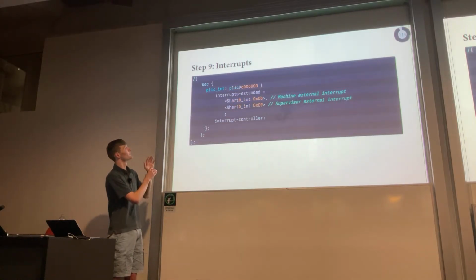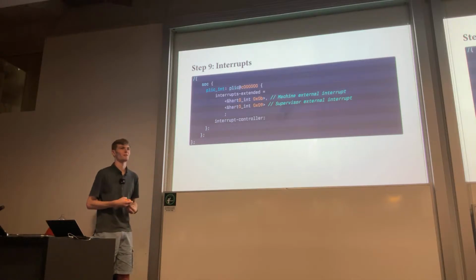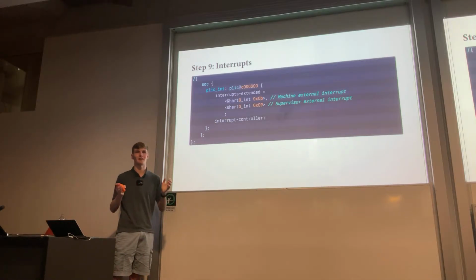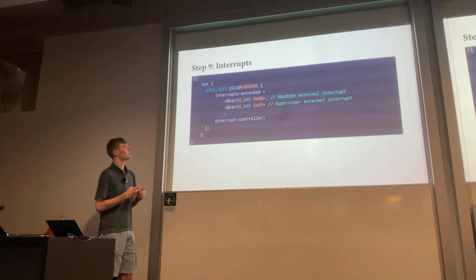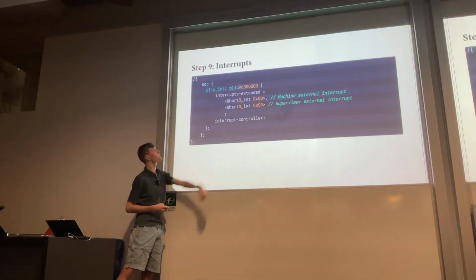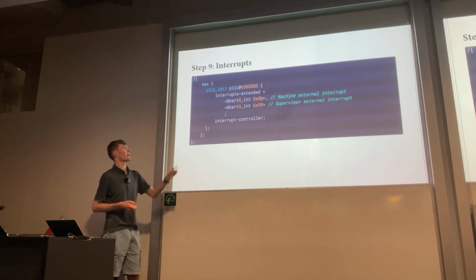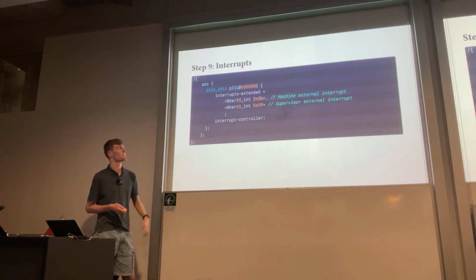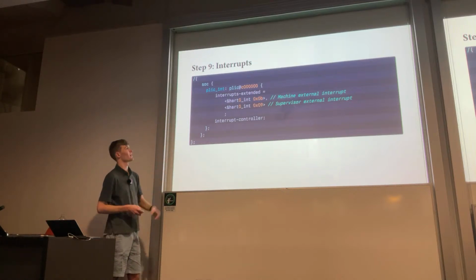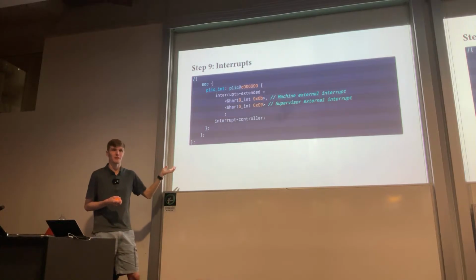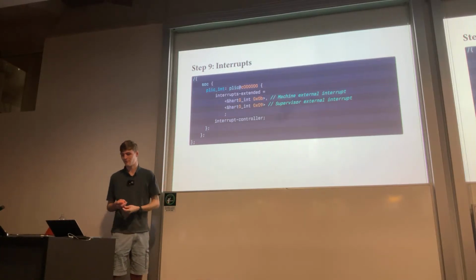The PLIC, the platform level interrupt controller as it's called, is a thing that consolidates the interrupts. It is also an interrupt controller, but it also has the same interrupts-extended property to hart0_int, this time with the two external interrupt bits for the two different privilege modes.